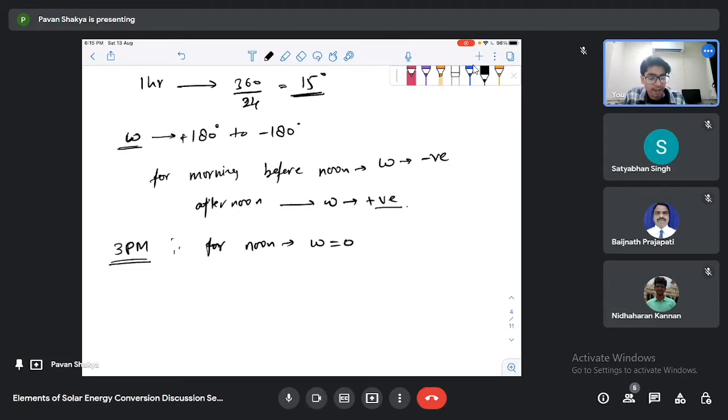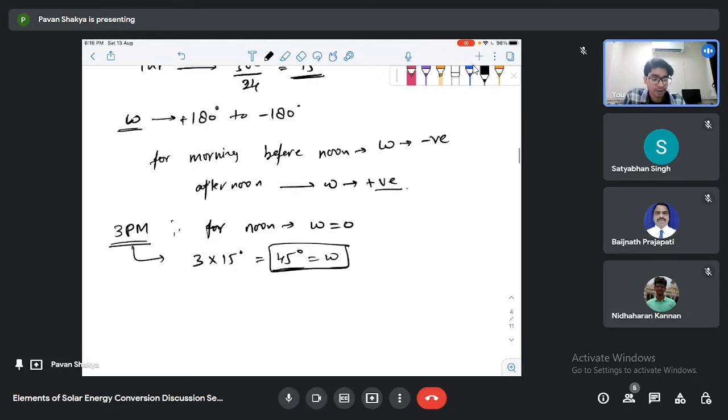After noon it will be added, and in the morning time it will be taken as negative. So for 3 p.m. it will be taken as 3 hours, and in 1 hour it rotates 15 degrees, so it will be 45 degrees. So the hour angle will be 45 degrees for 3 p.m.